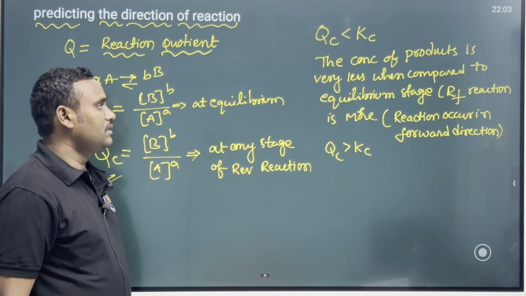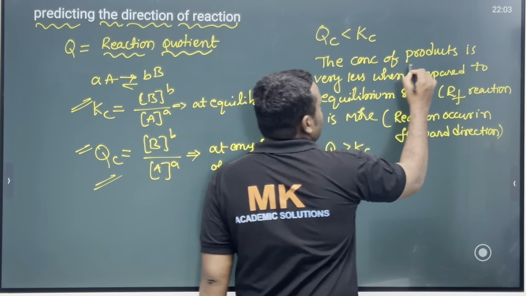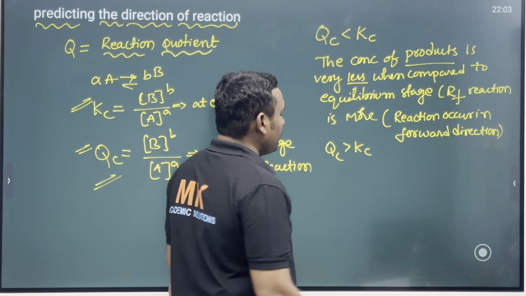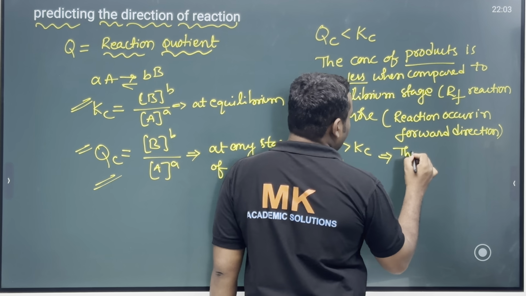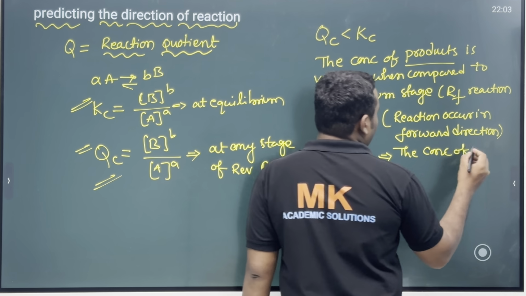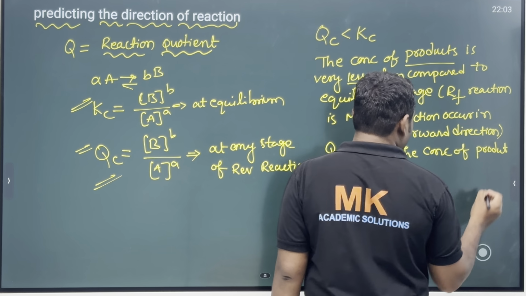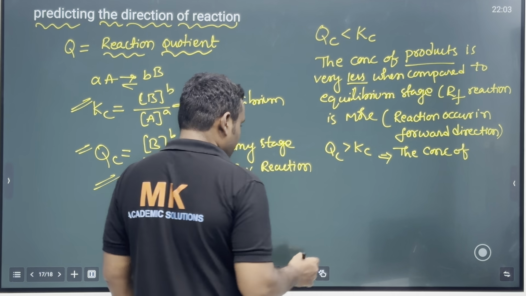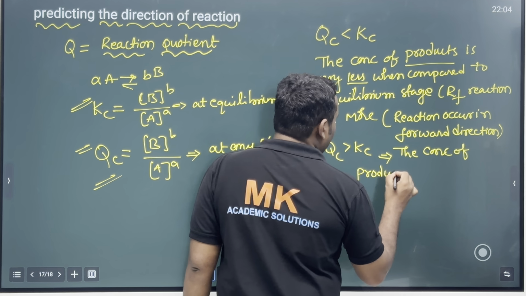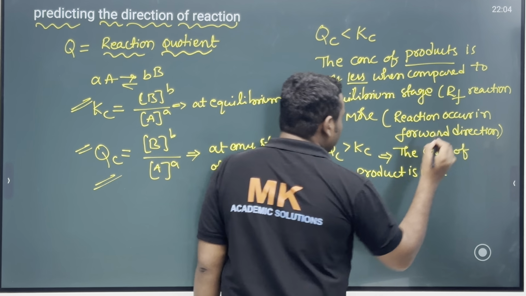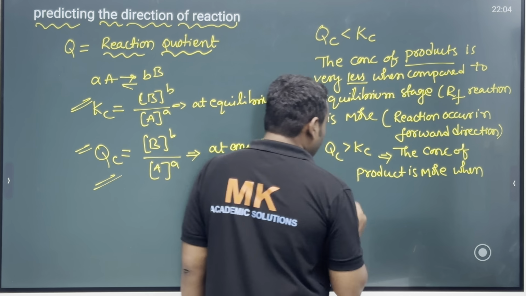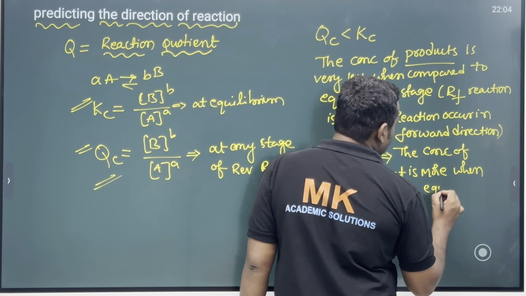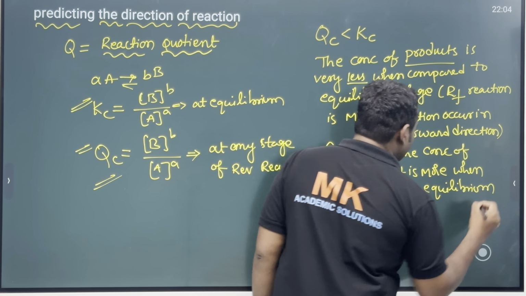And Qc is greater than Kc means the concentration of product is more when compared to the equilibrium stage, while the concentration of reactant is less.